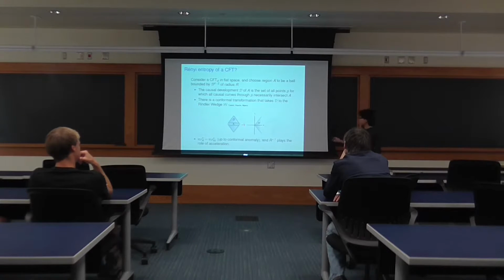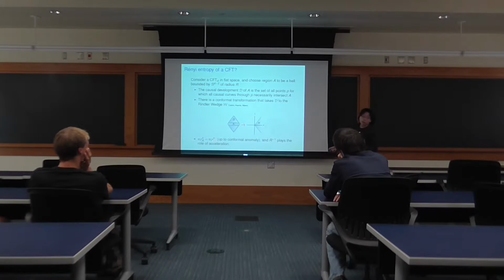Therefore, if I'm computing trace rho A to the power n in the conformal field theory, I could just replace this computation with taking the reduced density matrix of an accelerated observer in the Rindler wedge.